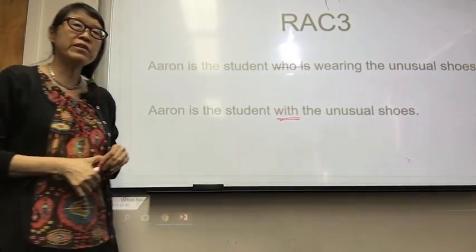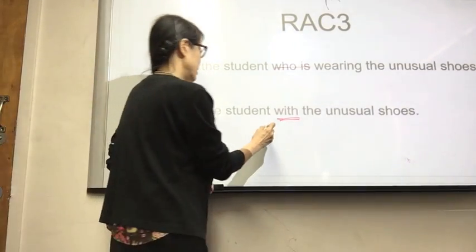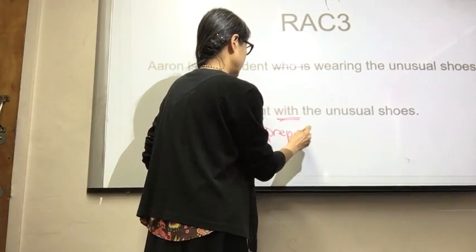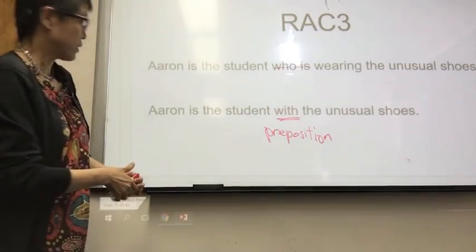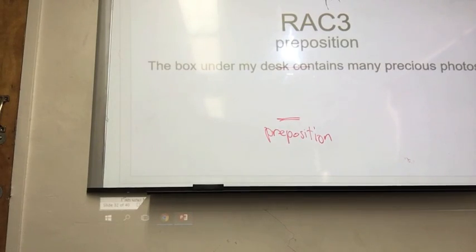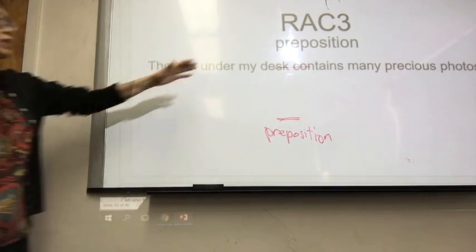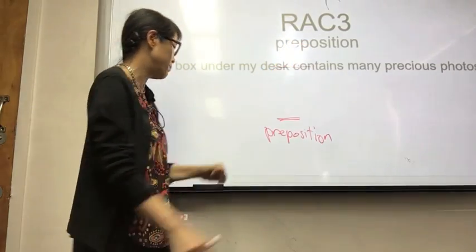What kind of word is that, with? Preposition. It's a preposition. So we're talking about RAC number 3, reduced adjective clauses with prepositions.